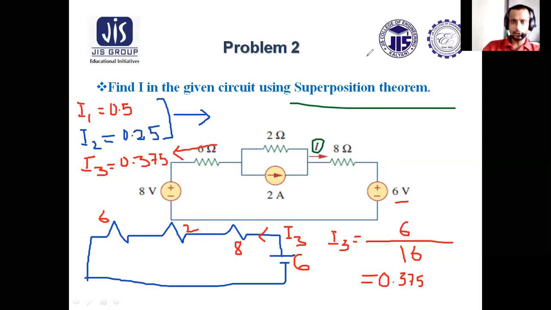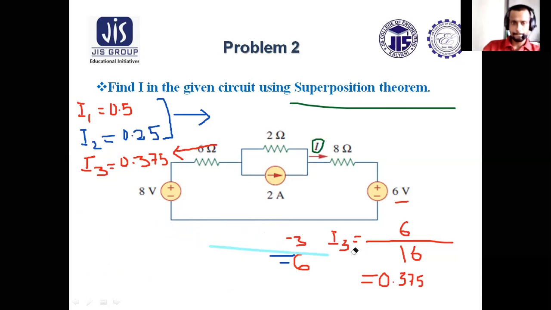So what is the concluding remark here? Now see, as per the superposition theorem, what should be the current I? I is shown in which direction? Left to right. So I1 and I2 are left to right, and I3 is right to left. So I will be I1 plus I2 minus I3.